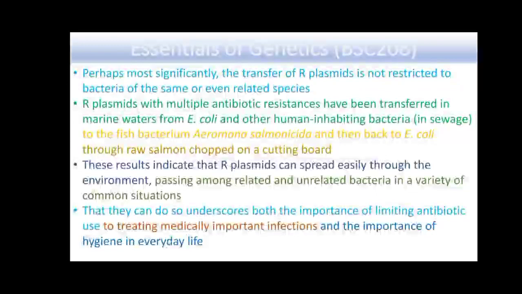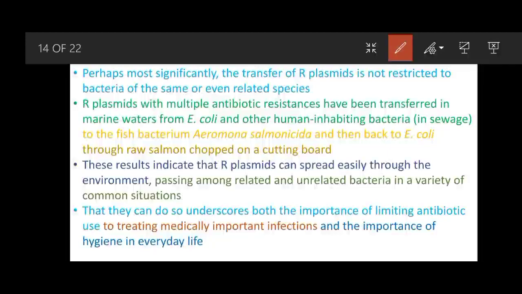Perhaps most significantly, the transfer of R plasmid is not restricted to the bacteria of the same or even related species. R plasmids with multiple antibiotic resistances have been transferred in marine waters from E. coli and other human inhabiting bacteria in the sewage to the fish bacterium Aeromonas salmonicida, and then back to E. coli through raw salmon chopped on a cutting board.